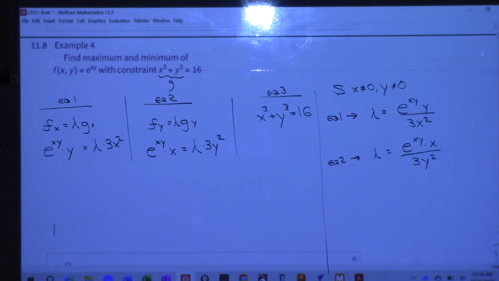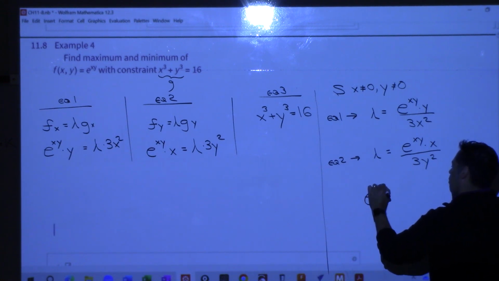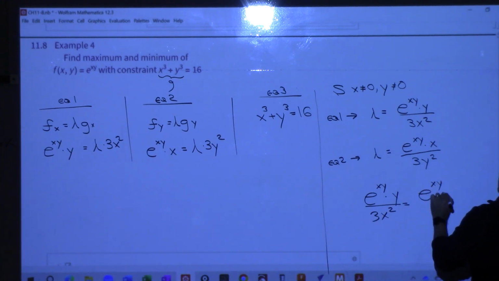And then I can set them equal to one another. So I have e to the xy times y over 3x squared equals e to the xy times x over 3y squared.